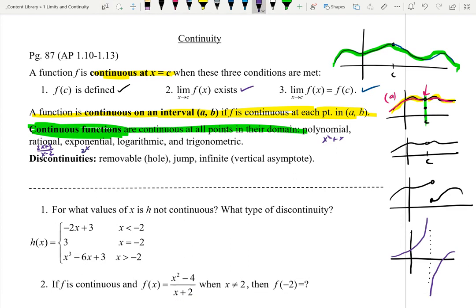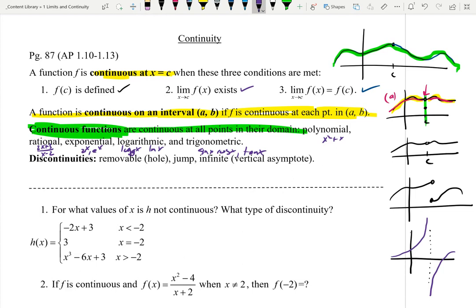Exponential functions like 2 to the x, e to the x, they're continuous all the time. Log functions like log base 6, ln of x, they're continuous all the time. Trigonometric functions, sine, cosine, they're continuous everywhere all the time. Tangent has discontinuities, but they're at places that are not in the domain.